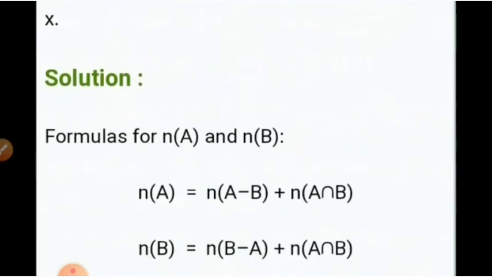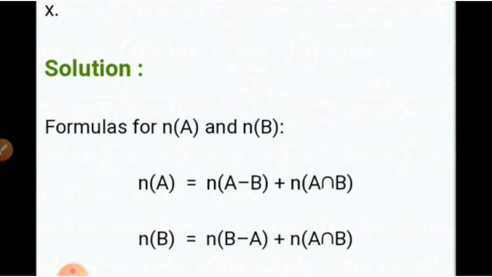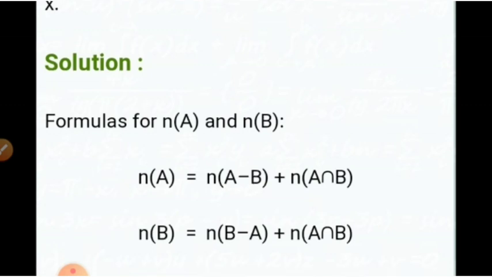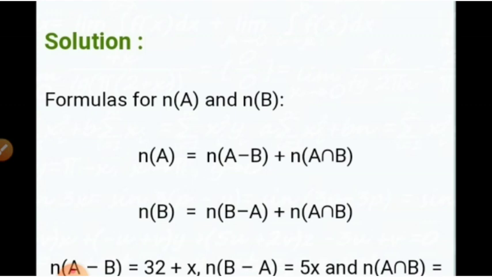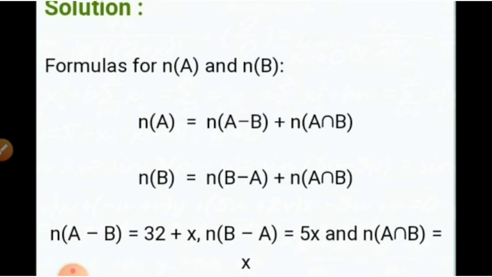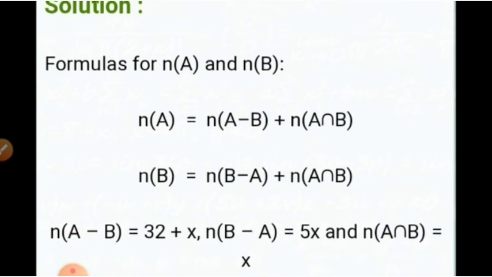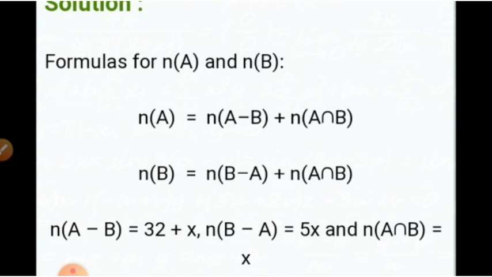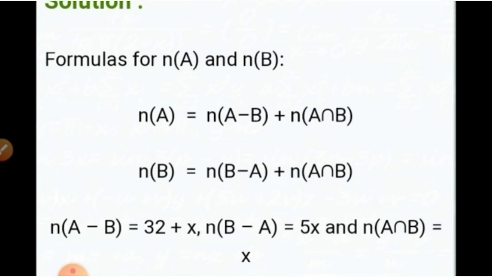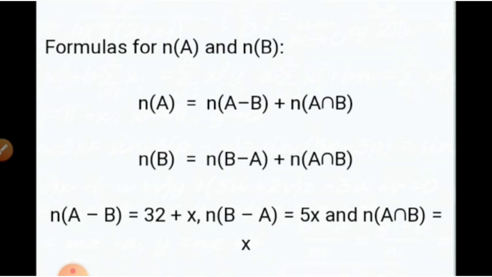Solution. Formulas for n(A) and n(B): n(A) = n(A − B) + n(A ∩ B), and n(B) = n(B − A) + n(A ∩ B).